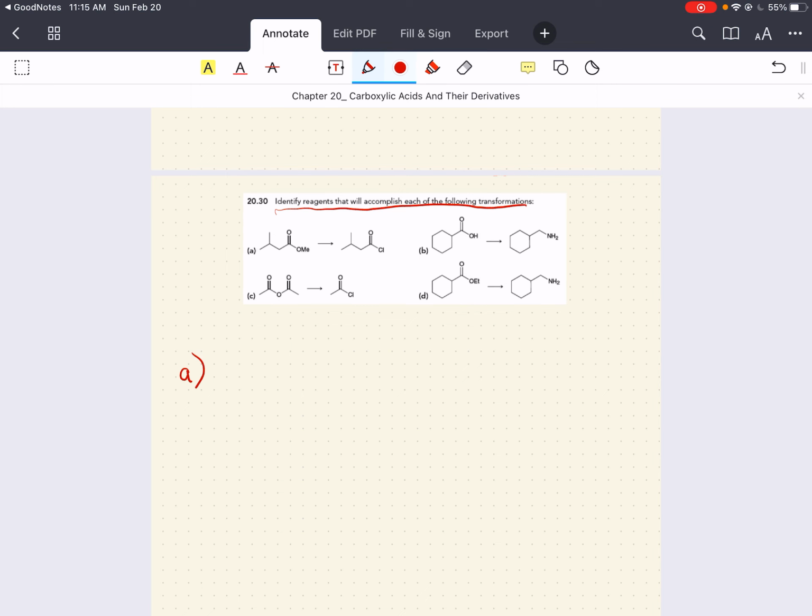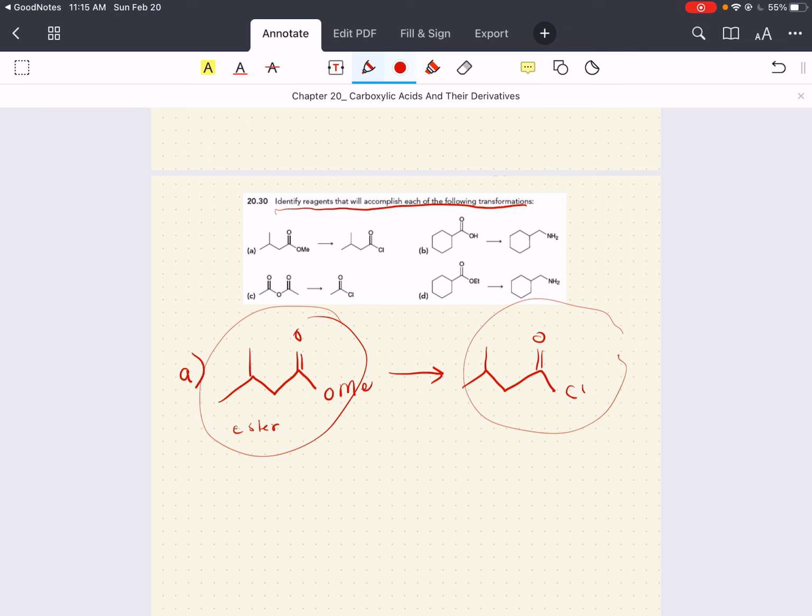If we start with this first group, we have an ester, and we want to convert it to an acid chloride. How can we do this? We cannot take an ester, a carboxylic acid derivative, and go straight to the acid chloride.